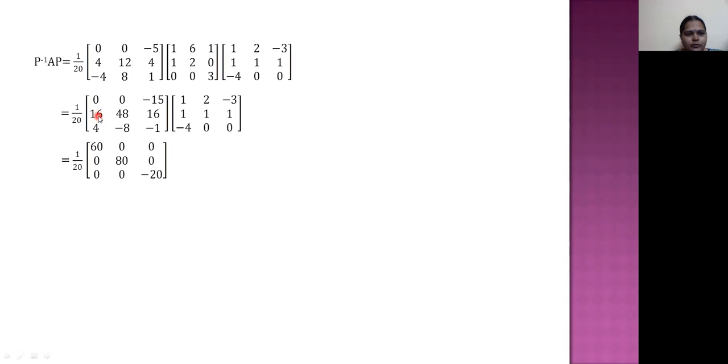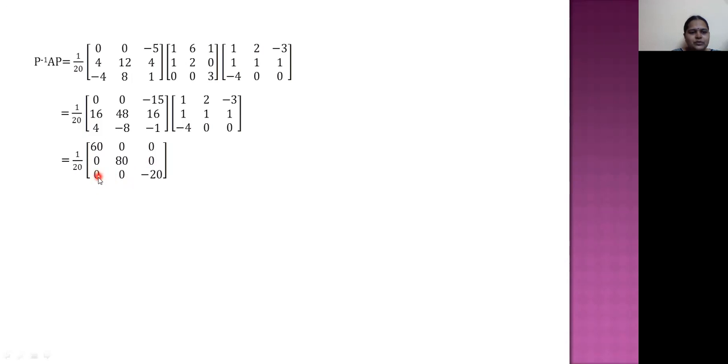Now coming to the second row, 16 1 ja 16 plus 48 minus 64 gives us 0. 16 2 is 32 plus 48 into 1 is 48 plus 16 zeros is 0 gives us 80. Next, second row last column is minus 48 plus 48 is 0, 16 zeros are 0. So the third element is 0.